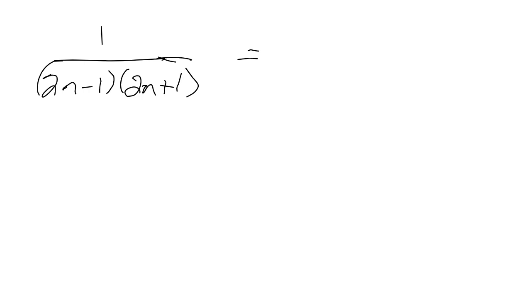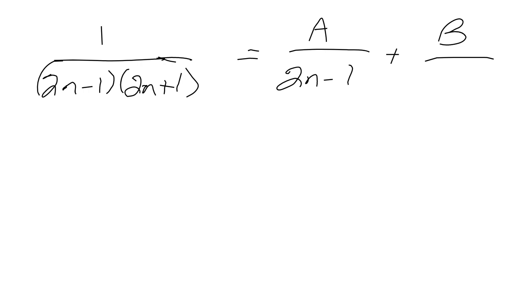We call that a over 2n minus 1 plus b over 2n plus 1. The power of the denominator for each one is n to the first power, so we just need an a on top. If it was n squared on the bottom, we would need an an plus b above it, if you remember that from partial fractions. But let's work this out.